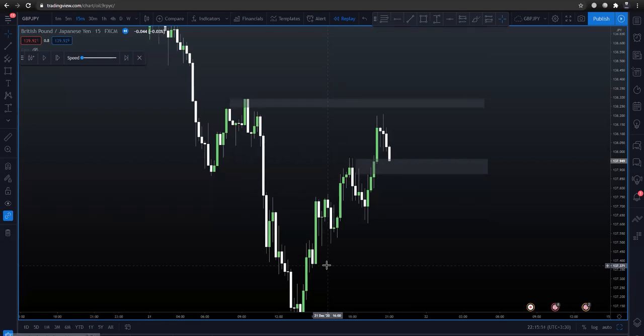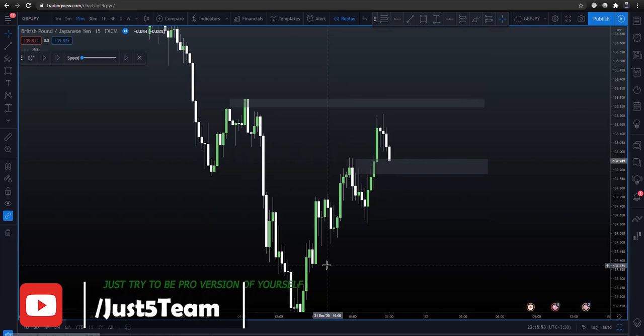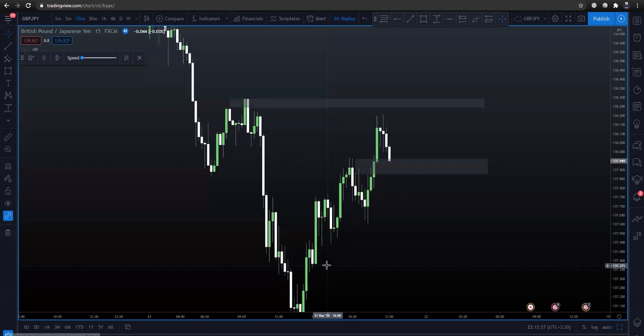Tell me, guys, what should I do? It's back to the flip zone, and the structure could be like that. Yes, that was the true answer. The price is back to the flip zone, the flip area.